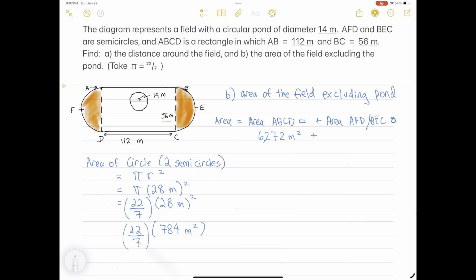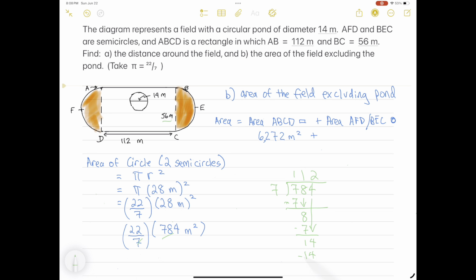Now I will check to see if 7 goes into 784. And I do that calculation on the side. And I find that 784 divided by 7 equals 112.